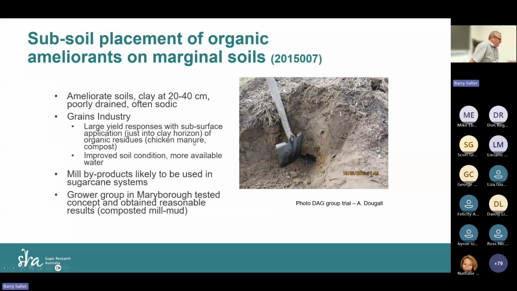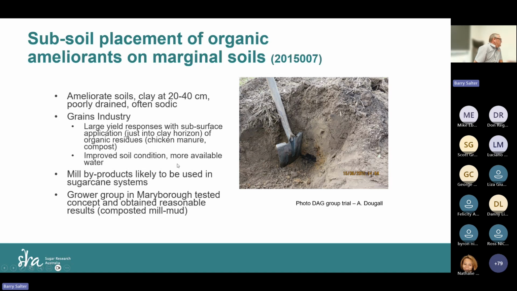So there was some work done in the grains industry where they were using chicken manures and compost, and they were essentially applying that into the subsoils of some of these marginal soils. The word we're using is they were slotting these products into the subsurface, roughly 20 to 40 centimetres of depth, just trying to get that organic matter into that sodic layer.